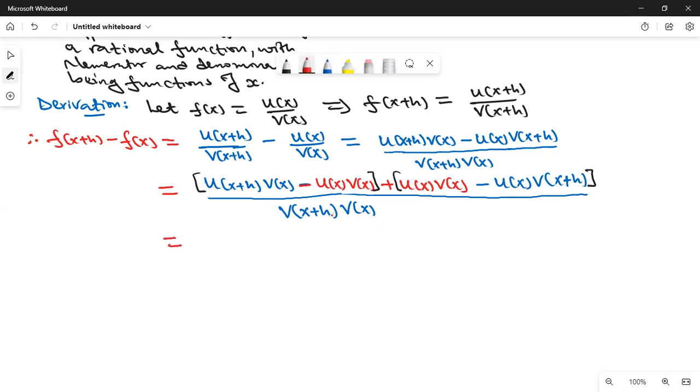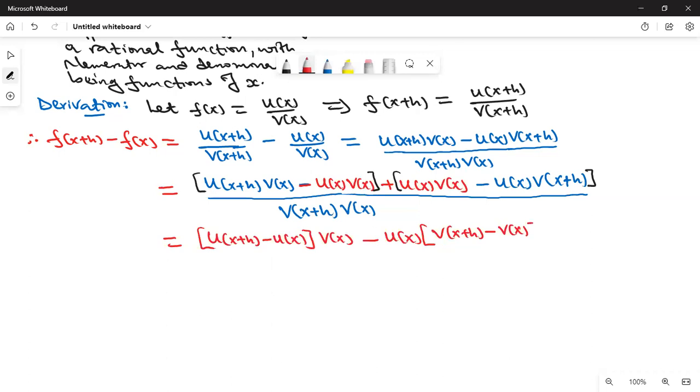So this fraction can be simplified. Look at the first bracket, v of x is common. So this can be written as u of x plus h minus u of x, times v of x. Then the other one, I can factor out negative u of x, since u of x is common, so that inside we have v of x plus h minus v of x.